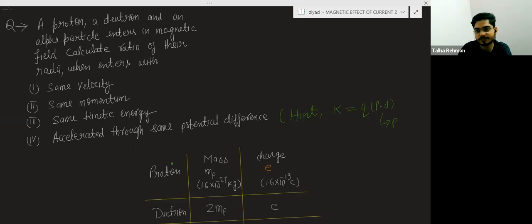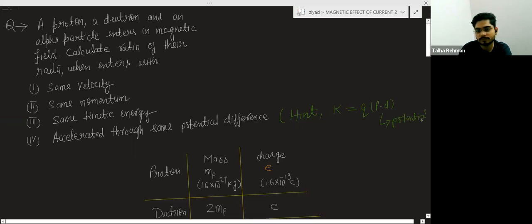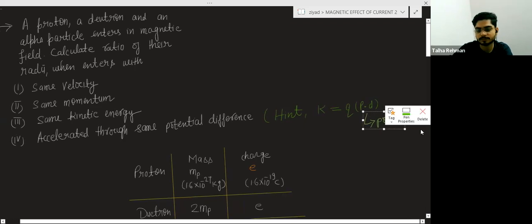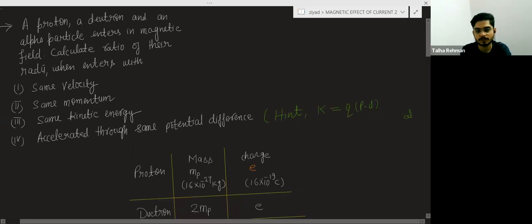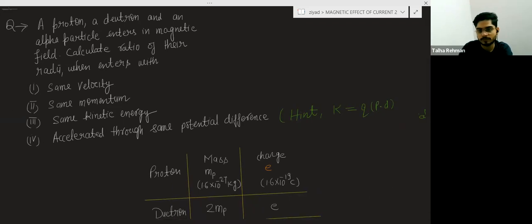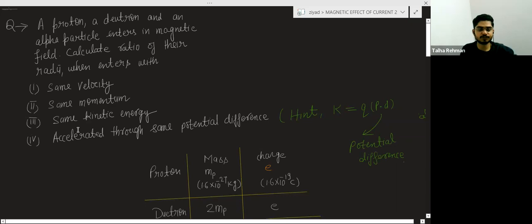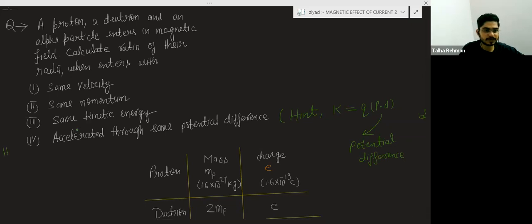PD means potential difference. So this is the hint, and you should try this by yourself. Now you can take the screenshot.